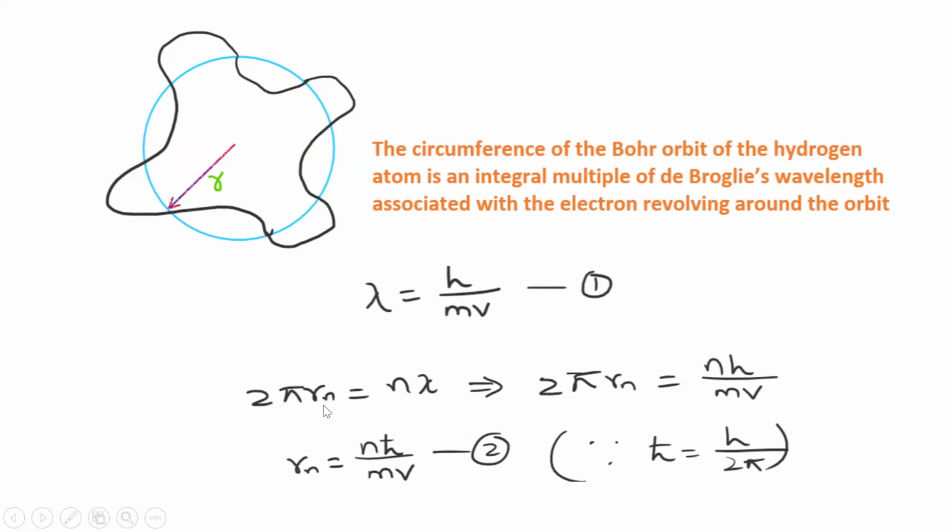Here subscript n denotes the nth orbit. So 2 pi Rn is equal to n lambda, and substituting lambda here, we get nh by mv. So Rn is equal to n h cross by mv. Here h cross is the reduced Planck's constant, which is h by 2 pi. So I have directly replaced it here.